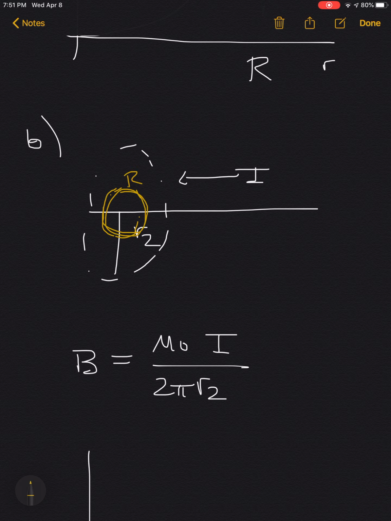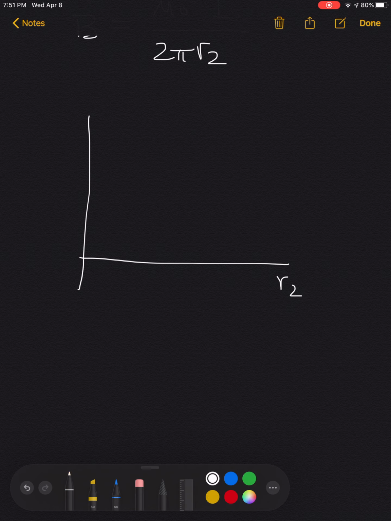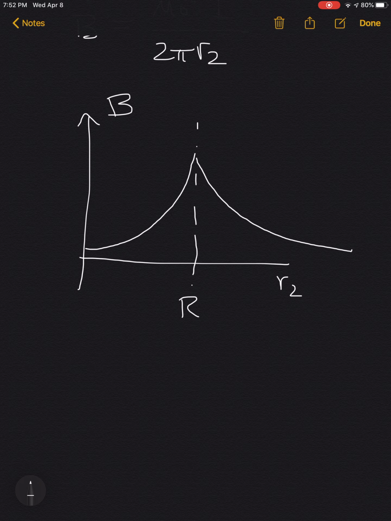And let's call that R. The point is that after the point R, the B field is going to go down like 1 over R2 from its maximum value. Something like this. So if you piece together the two functions, you're going to find that it goes up and then it drops back down.